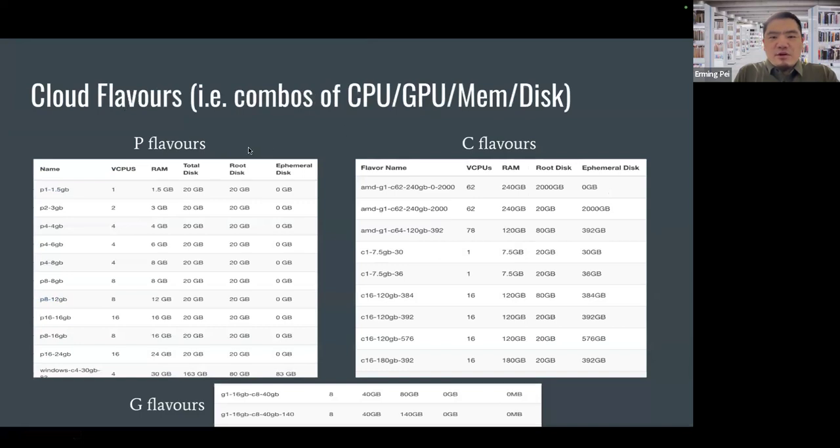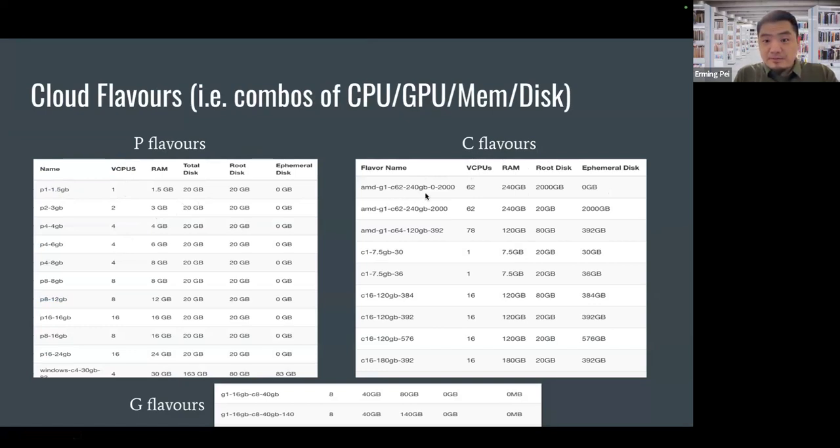There are two kinds of flavors at least, P flavors and C flavors. P flavor stands for persistent, meaning for web services and database platforms. C flavors are mostly for compute intensive work.